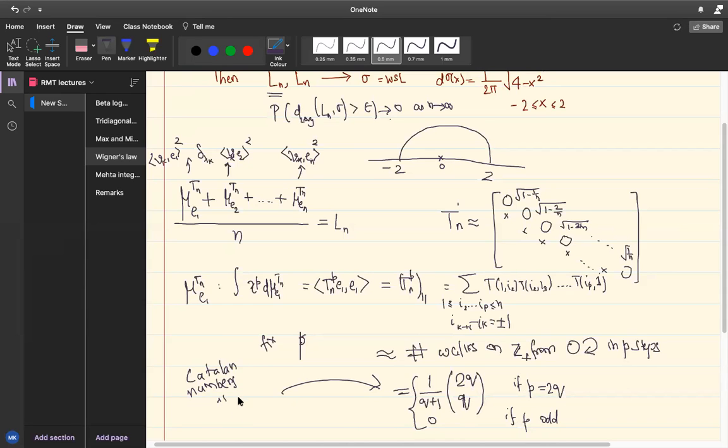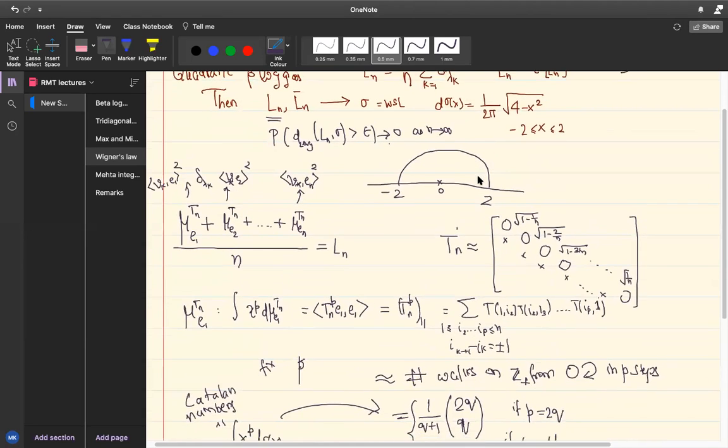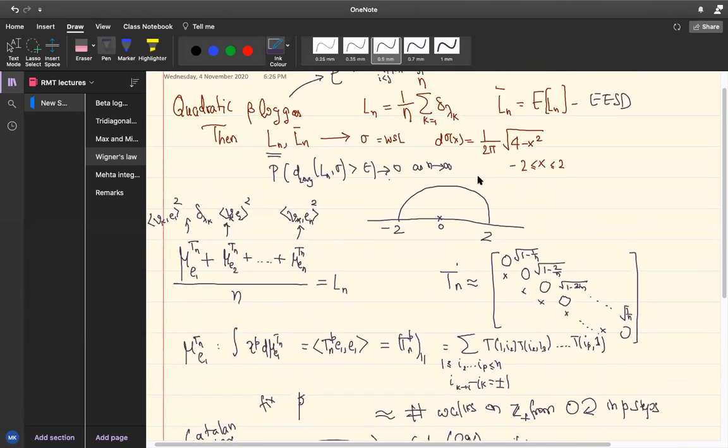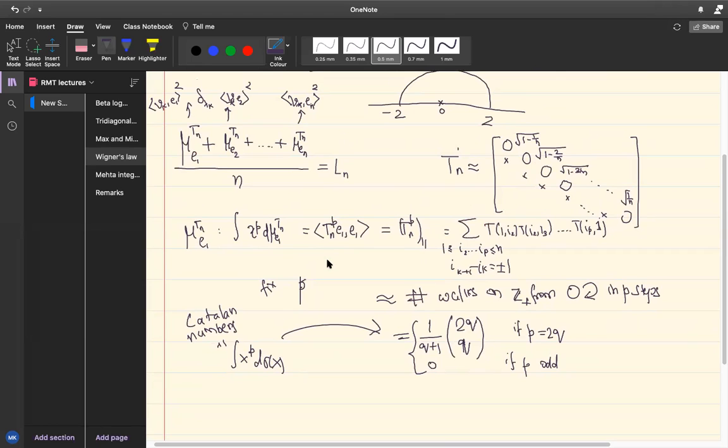And in fact, that number is the same as the integral of x to the P d sigma of x. That's a direct calculation. If you take this sigma, which is this density, and calculate x to the P against that, you get a beta integral, which you can easily do. From symmetry it is clear odd moments are 0. For even moments, you get this Catalan number.